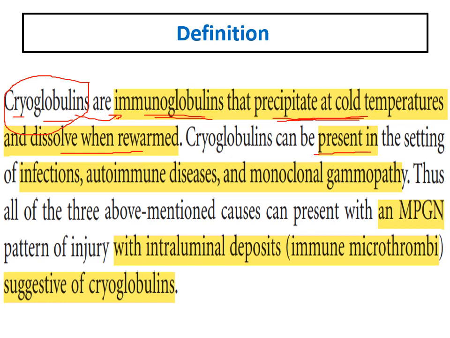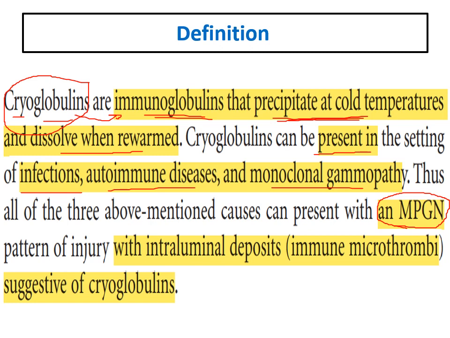Cryoglobulins can present in infections, as we will see, autoimmune diseases, and monoclonal gammopathies. These are the conditions that can cause cryoglobulins. Usually they present in the renal biopsy with a membranoproliferative glomerulonephritis pattern.